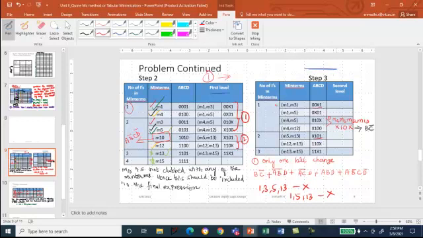M4, M5: this is 0, this is x, 1, 1, 0, 0, x 1. Again a 2-bit change. So M4, M5 is not possible with the combination of M5 and 13. Then go for M4, M12: x100, x101. Here there is only a 1-bit change.